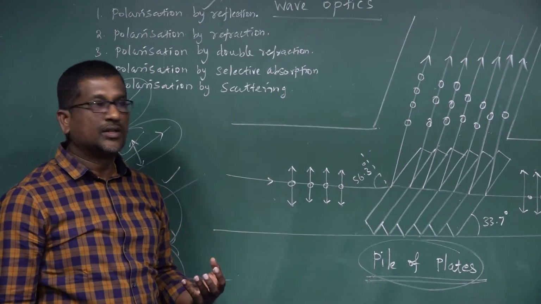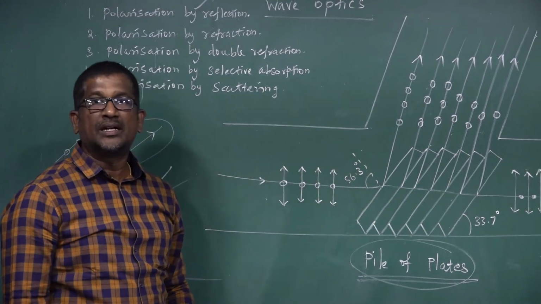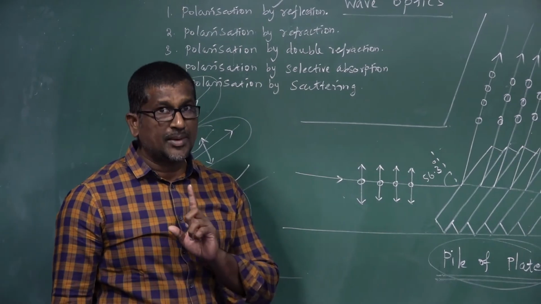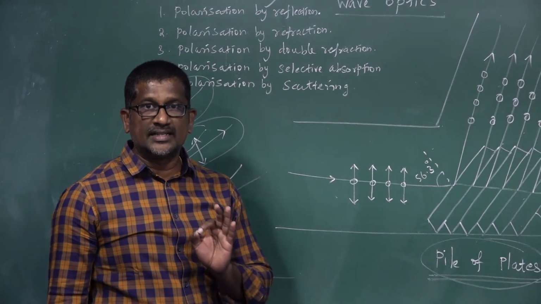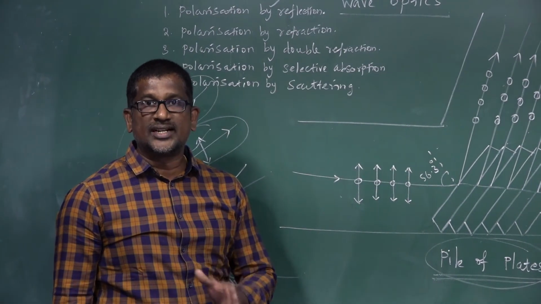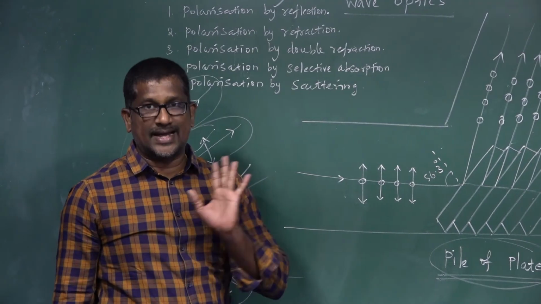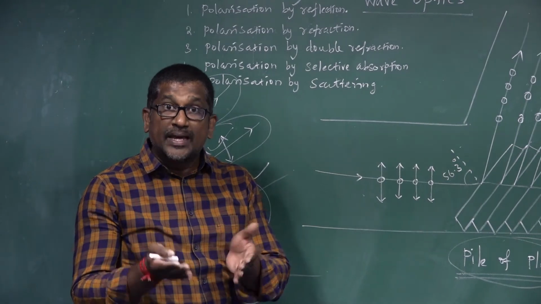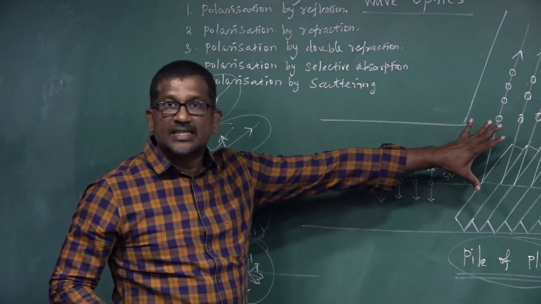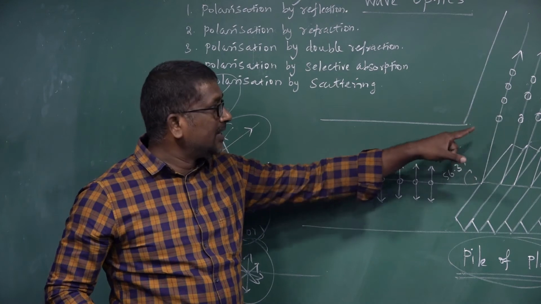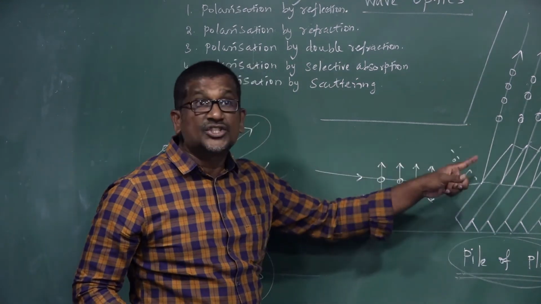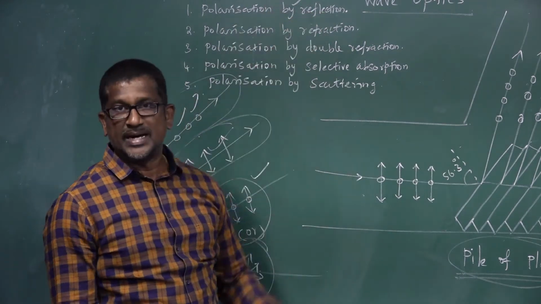Plane polarized light is nothing but light which contains vibration in only one direction, and it can be produced by using this pile of plates.